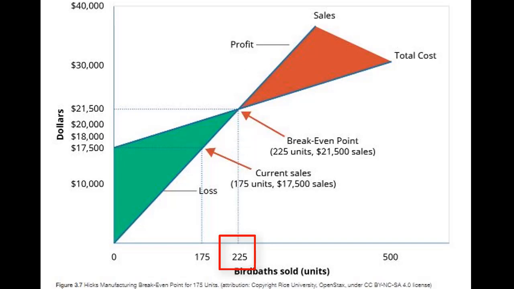In other words, what you're spending is finally equal to what you're taking in from your customer, and you have truly broken even. Now, of course, the purpose of any business is to make money, profits, and not just break even. So you will have to move to the right again and sell more than 225 units.